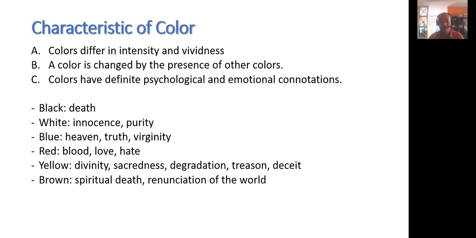Colors also have definite psychological and emotional connotations. This is very important for us to understand, because you'll be looking at the works of others, and you have to educate yourself on how the artist used colors to represent certain psychological or emotional connotations.